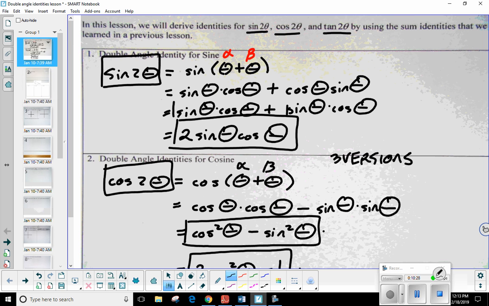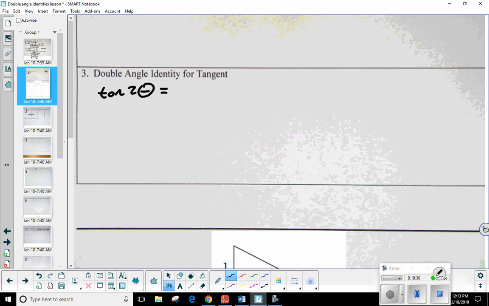Well, let's see. For sine of 2 theta, I started with sine of theta plus theta. Cosine of 2 theta, I started with cosine of theta plus theta. So how am I going to start here? Tangent of what? Plus theta. There you go. We start out these proofs every time the same way.